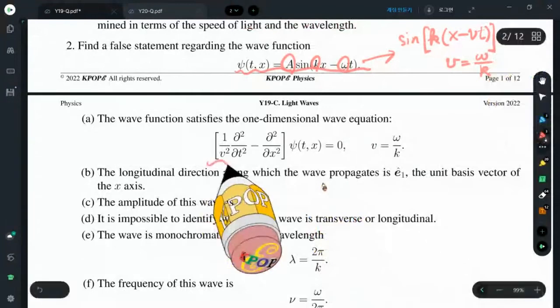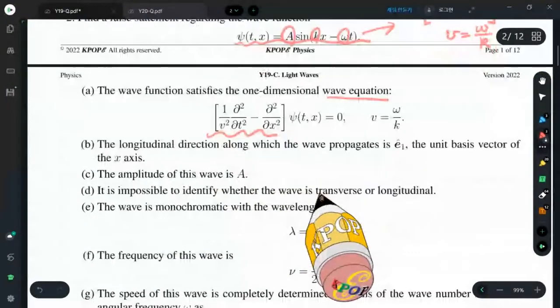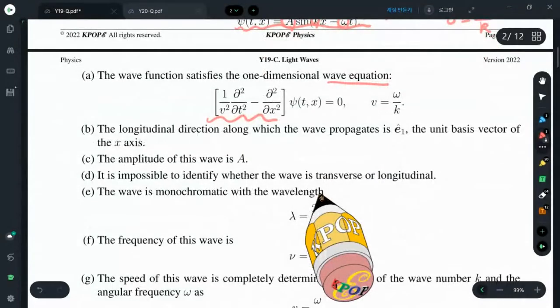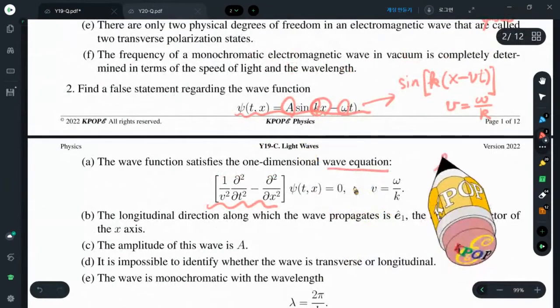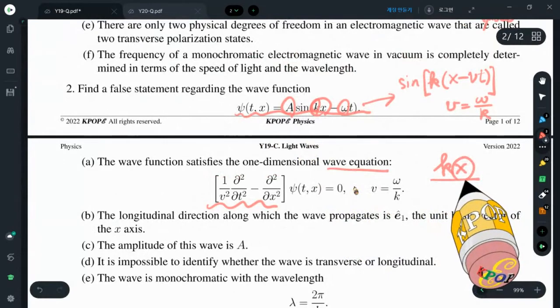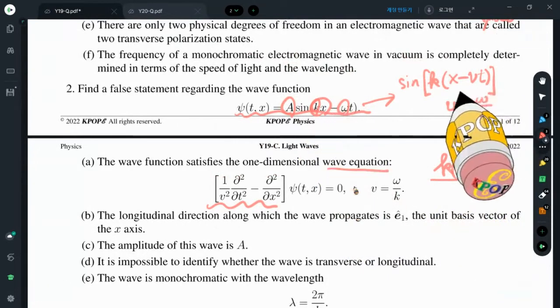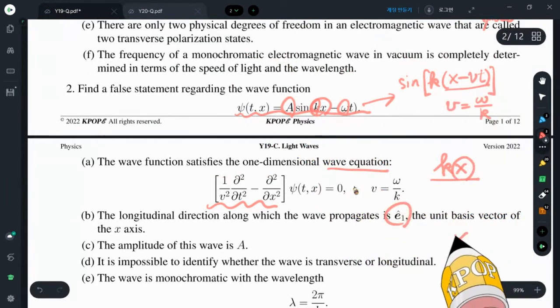Therefore, it satisfies the one-dimensional wave equation. The direction of propagation is along the x-axis. Because it has a negative sign, it is going forward. If it is in this other form, then it propagates along the negative direction.